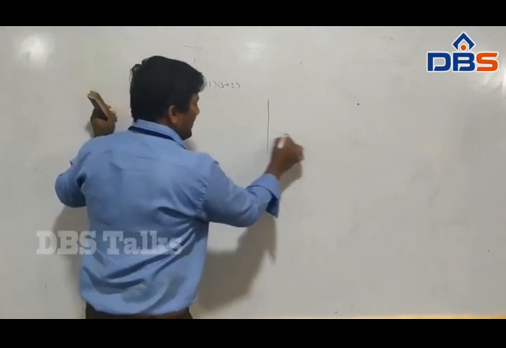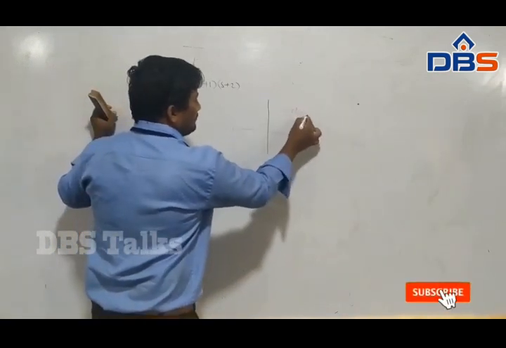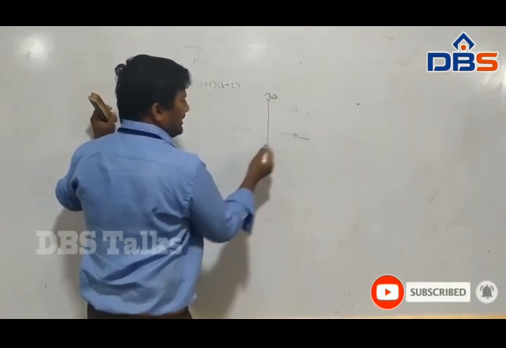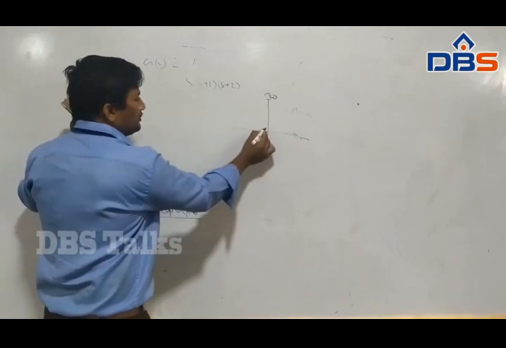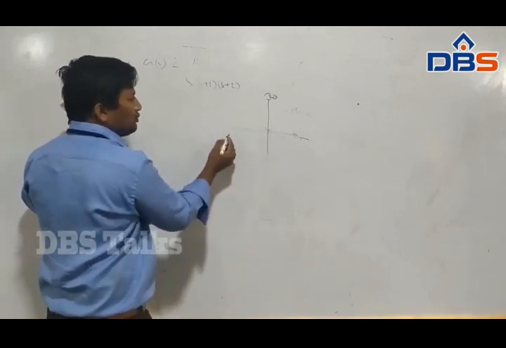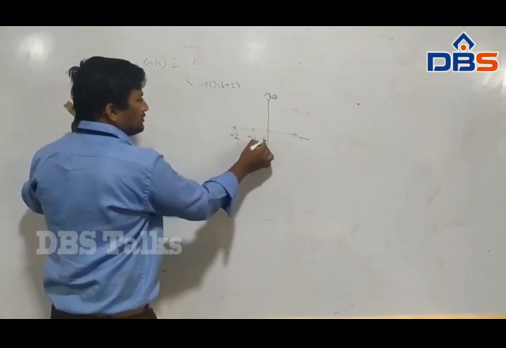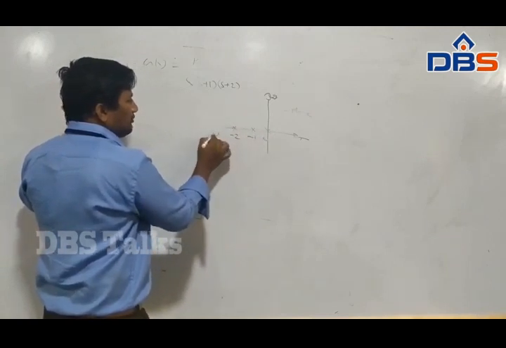Now I am taking the s plane. So this is the j omega axis, and this is the real axis. Now I put s equal to 0. This is one pole, s equal to minus 1. This is another pole, s equal to minus 2. So minus 2, minus 1, this is, and now minus infinity.